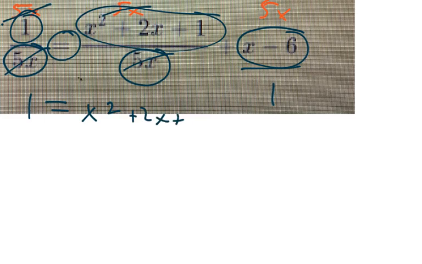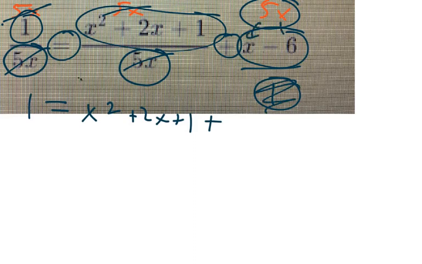x squared plus 2x plus 1 plus, now guys, watch and listen carefully, 5x doesn't cancel out with 1, of course. So I'm going to distribute the 5x there. So that's 5x squared minus 30x. Excuse me.